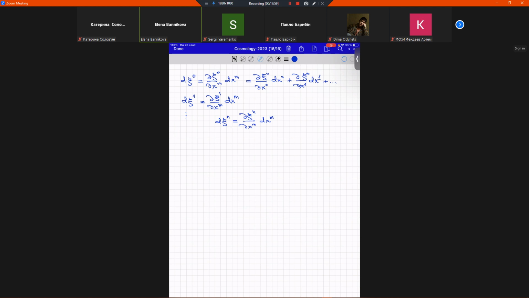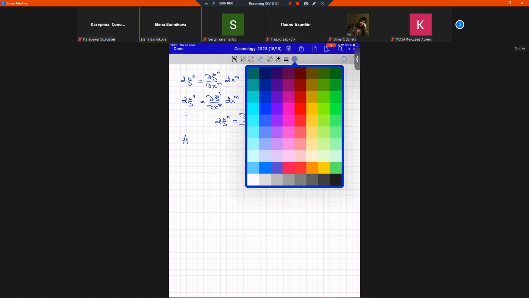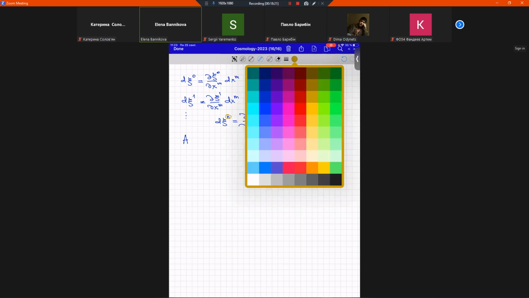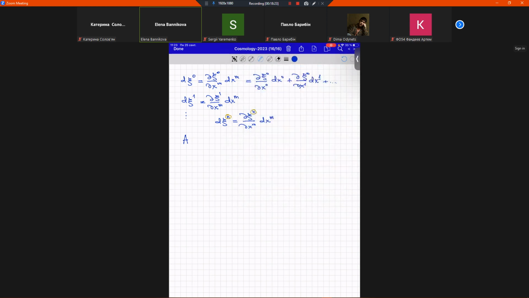If we put some notation, let's call the vector A, and I will put the index n as an upper index, and I will keep it as an upper index n here as well.